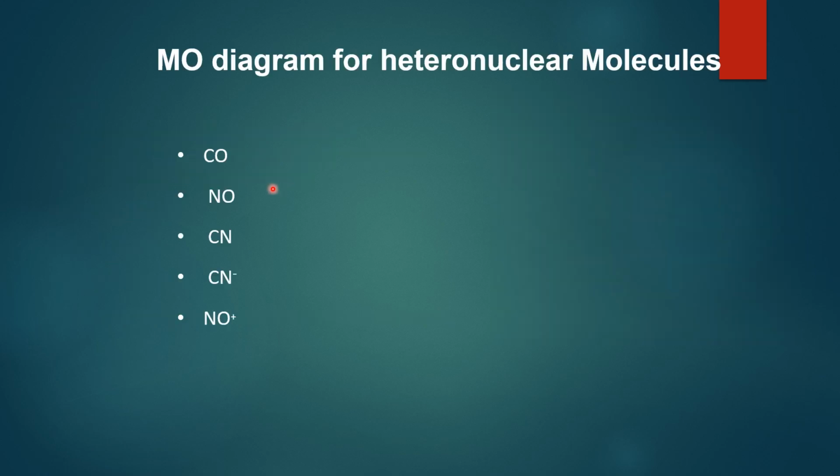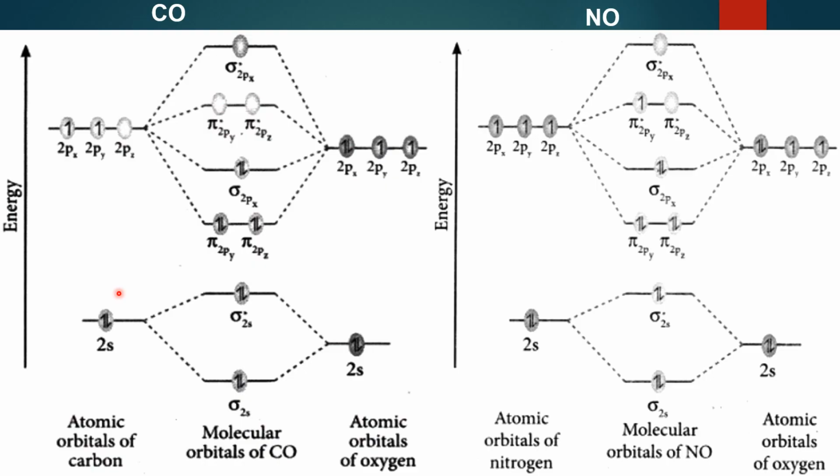The examples for heteronuclear diatomic molecules are CO, NO, CN, CN minus and the NO plus ion. Coming to the next slide, both the CO and NO molecules are examples of heteronuclear diatomic molecules.